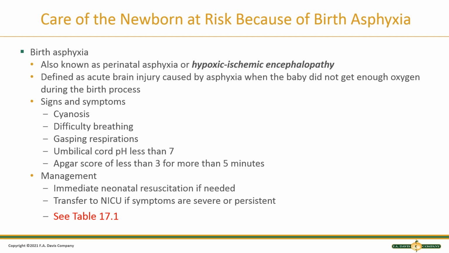Asphyxia slows or ceases the breathing. It causes lack of perfusion of the blood to the brain and other vital organs. Hypoxia, which is insufficient oxygen reaching the cells, forces the cells to undergo anaerobic respiration. Lactic acid forms and tissues become damaged.